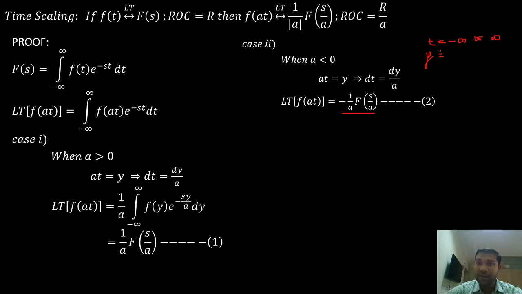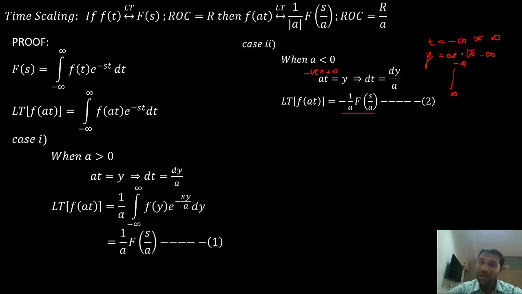So in place of t, if I substitute minus infinity, I have minus infinity multiplied by a negative number. It becomes positive, so infinity. And if I substitute t equals to infinity, a positive value multiplied by a negative value becomes negative, right? So my new limits will be integral infinity to minus infinity, and the rest of the thing is same.